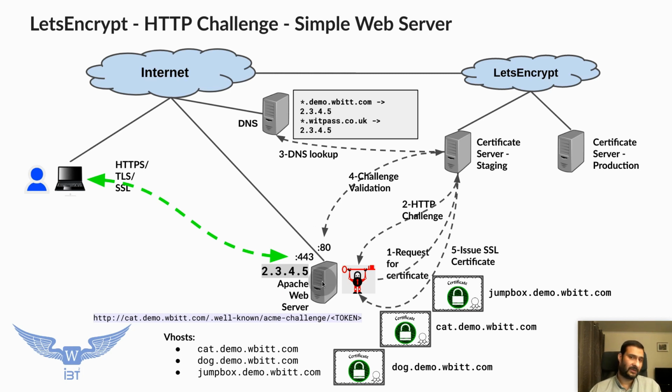This web server is publicly accessible. It has a public IP address, as you can see here. This DNS server is also supposed to be a public DNS server, publicly accessible, and for the sake of simplicity, I have a wildcard DNS entry *.demo.wbitt.com, which points to the public IP address of my web server, right?